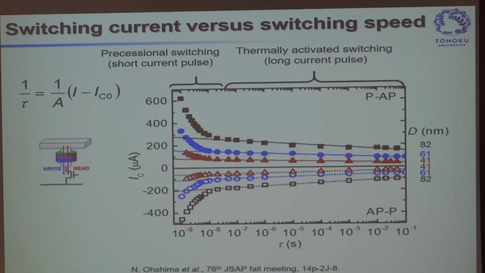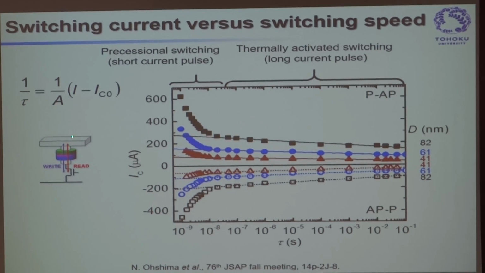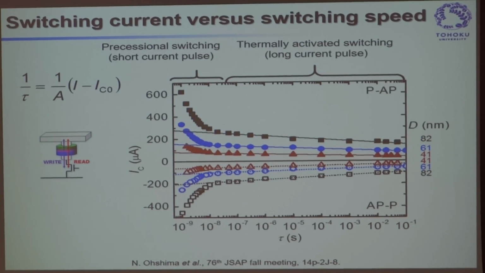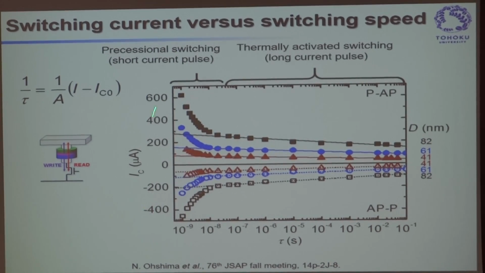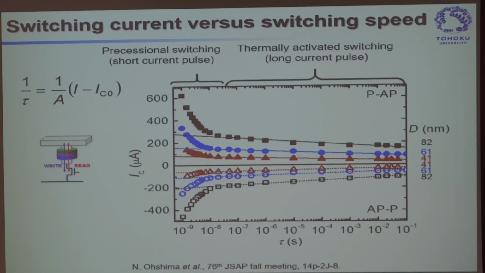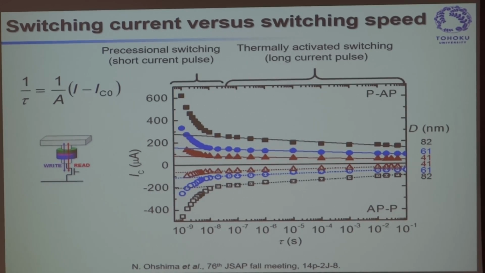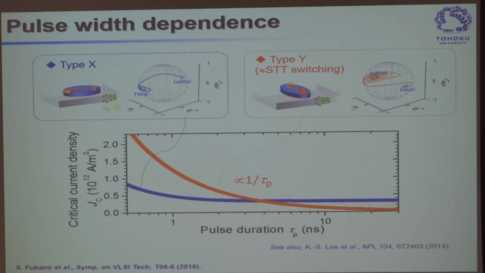So in order to get reliability there, we cannot run very large current through this insulator. So this is a problem here, and that's something that we would like to see if we can overcome with spin orbit switching.